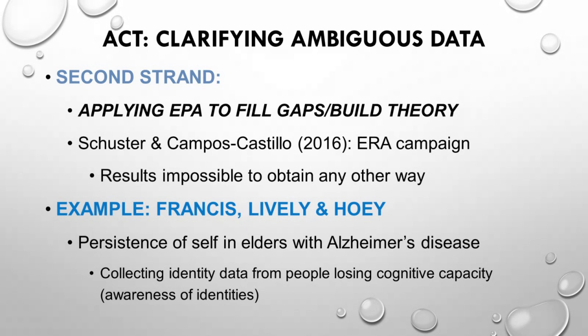We were collecting identity data from people who were losing their cognitive capacity. So literally, they're losing their awareness of their identities. We're trying to collect data that's kind of not there. I'm going to give you a quote out of this, walk through it, and show you how this works.